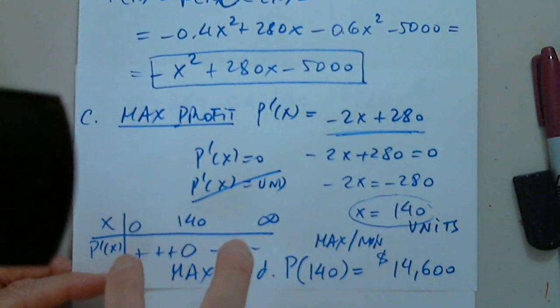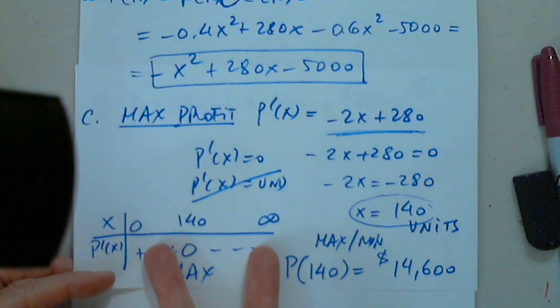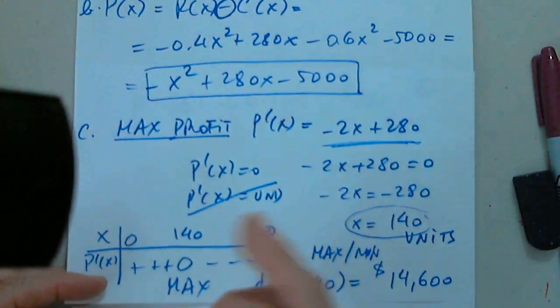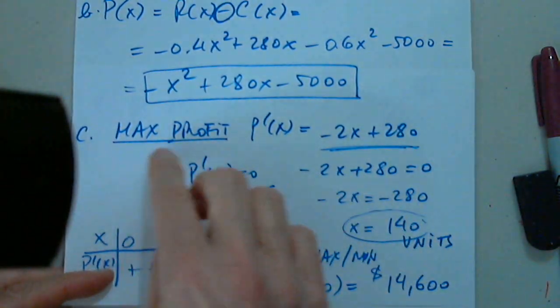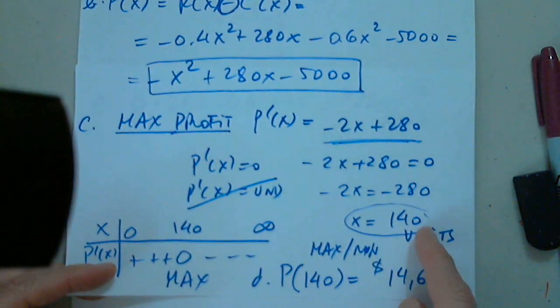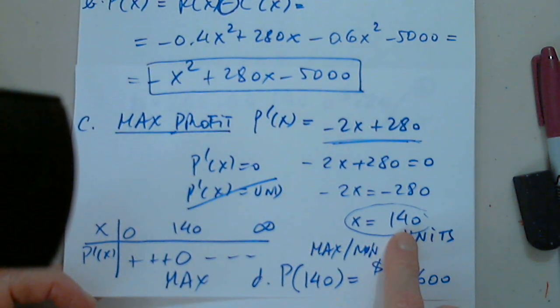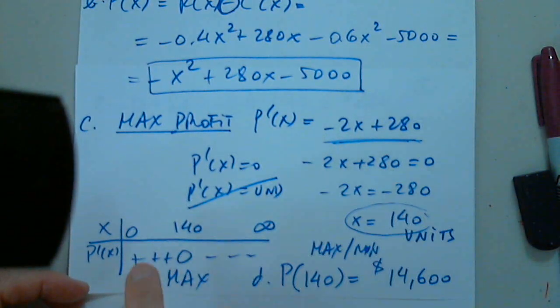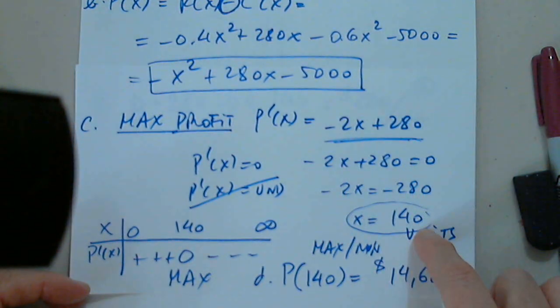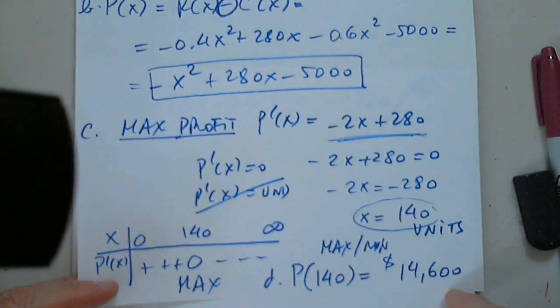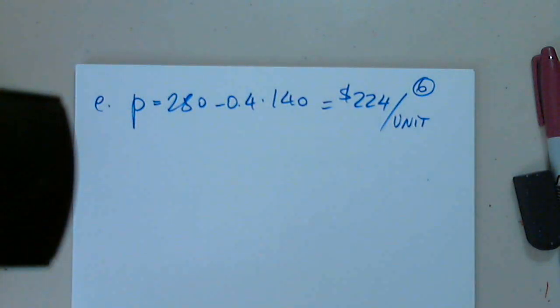Putting it in the table to know exactly what it gives, because it may be the opposite. I don't know, maybe I made an error. I cannot assume it's asking me to find the maximum profit, but what if I have an error and this does not give me a maximum profit? Once I put it in the table and study the sign, I know for sure. And then I plug it in to find the maximum, and then the final question. Any questions for me?